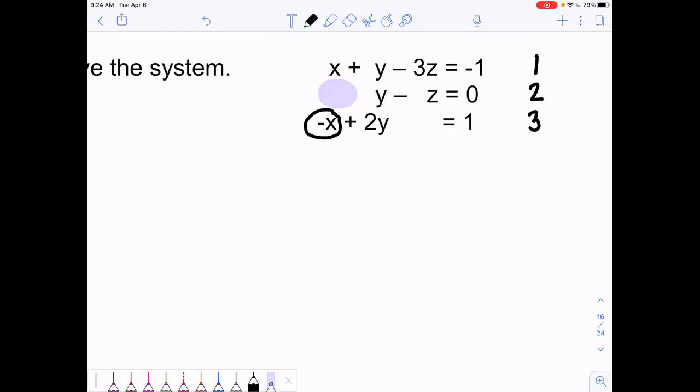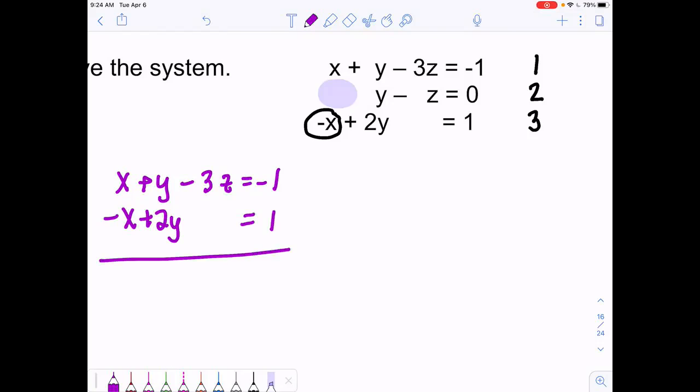Jenny, how could we get that x out of equation 3? Yeah. So it is already negative. You can just use good old elimination to get it to cancel. And what do you get, Jenny? Good. Please make sure that you don't forget that z is still there. You're not adding anything to it, but it's still in the problem.